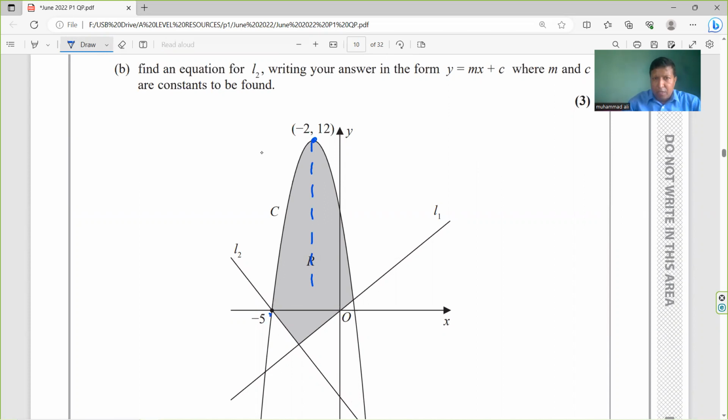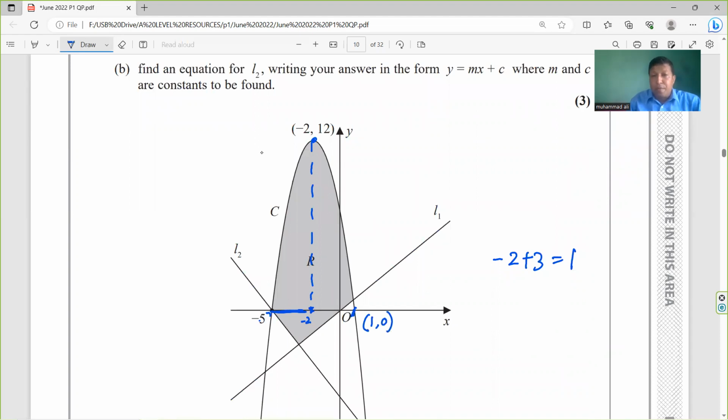So a quadratic curve is always symmetric. That means the distance between this -2 and -5 is 3. So from -2 to this point is also 3. So if we add -2 plus 3, we get another x-intercept point, which will be (1, 0).